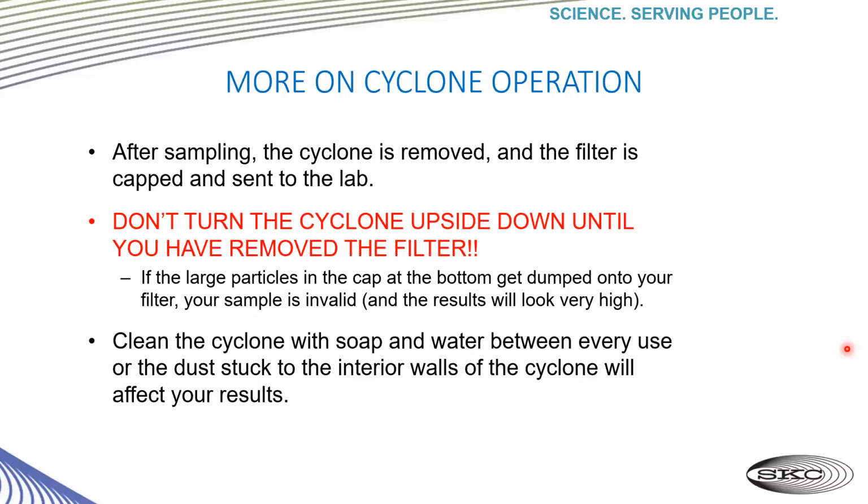So whether it is during sampling or in the process of removing the filter cassette, if the cyclone assembly is turned over and the large particles in the grit pot at the bottom get dumped onto your filter, your sample is compromised and most likely invalid. There will be large particles on the filter, and if the lab chooses to still perform the analysis, the results may be very high. This will most likely force you to repeat the sampling event.